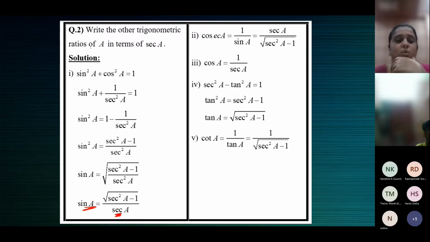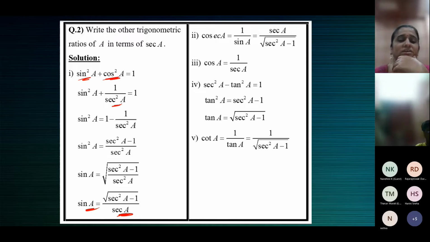We'll have to write all the ratios, sin A, cos A, tan A, cosecant A, and cot A, in terms of secant A. First we're writing sin A in terms of secant A. How? We make use of the identity sin square A plus cos square A is 1. There is sin A here. Where is secant A?